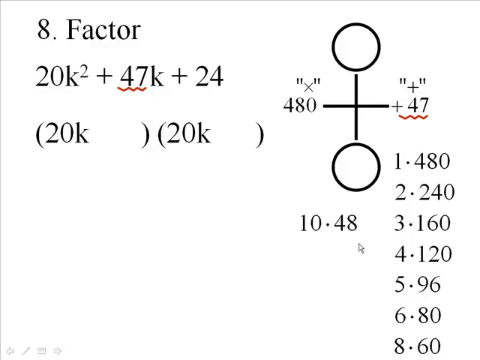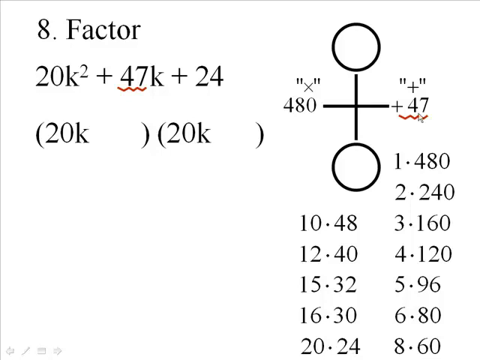A few more left to do here: 10 times 48, 12 times 40, 15 times 32 is also 480. 13 and 14 and 11 won't go into 480. 16 times 30 is 480, and 20 times 24. See how the numbers started way apart here, and they get closer and closer together? And that's all of our factors of 480.